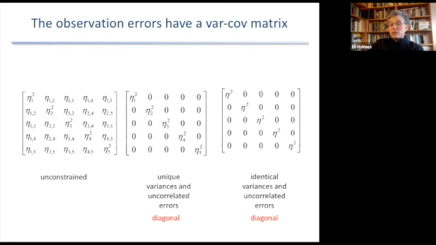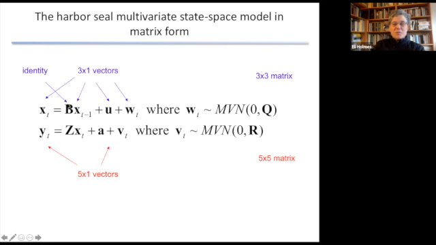All right, so now how do I write that out in matrix form? So here it is. It's nice and compact, but all of these are matrices now. So let's focus first on the Z matrix, and let's see a few more examples.